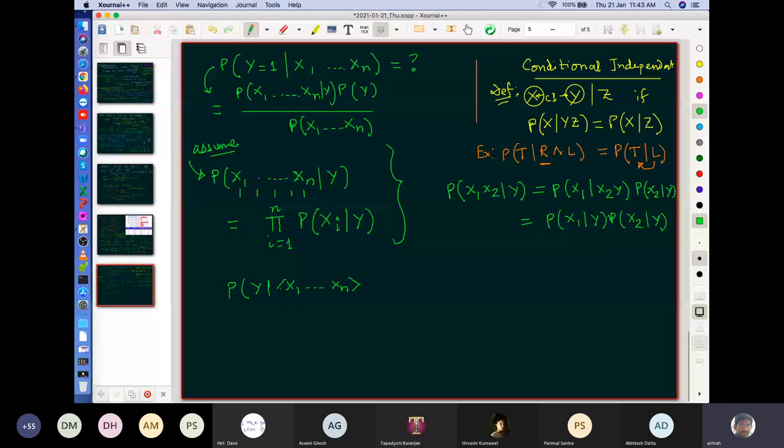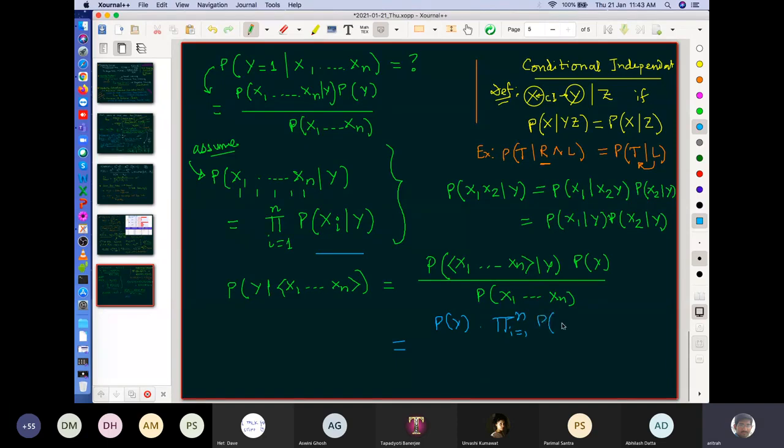boils down to x1 to xn given y into probability of y by probability of x1 to xn, which is basically applying the conditional independence. It becomes probability of y into the product, because this term, by the conditional independence assumption, has reduced to this term.